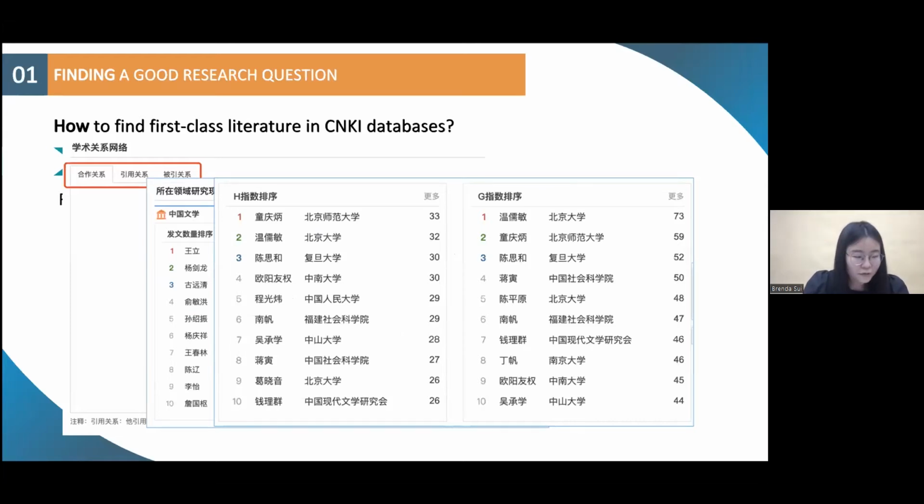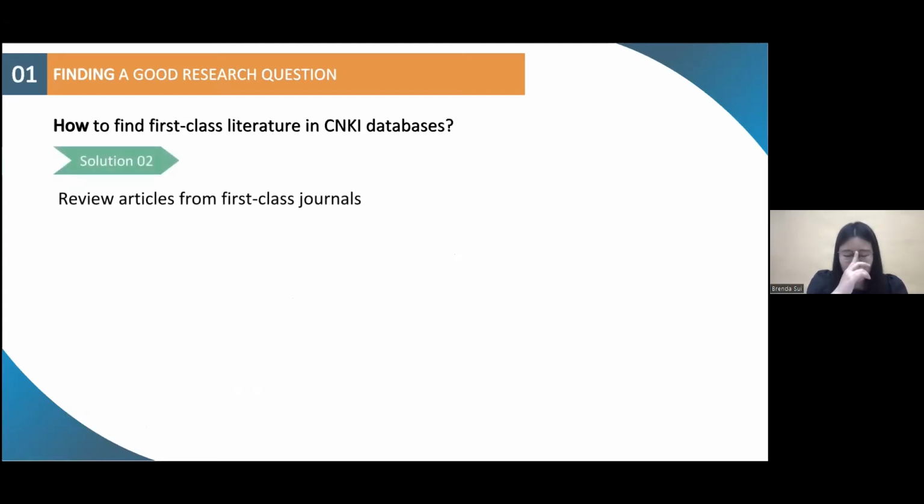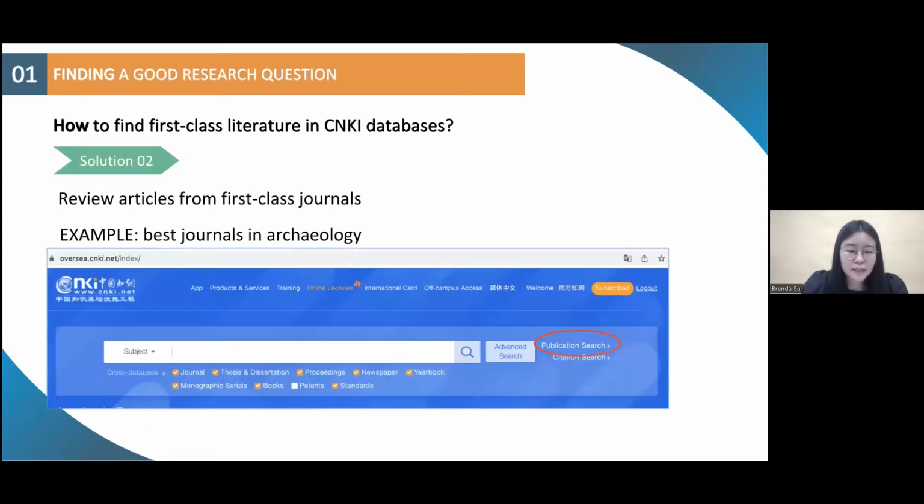Well, apart from following top scholars' works, another way to find first-class literature would be review articles from first-class journals. Let's take archaeology, the best journals in archaeology, for example.